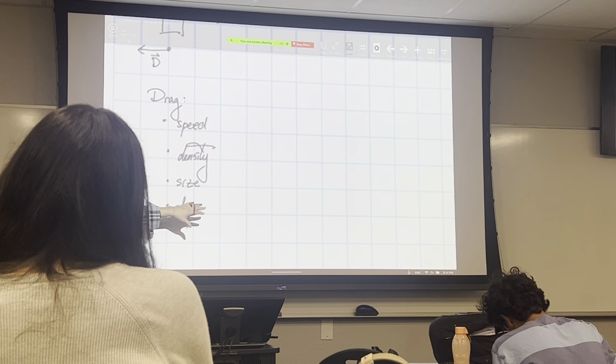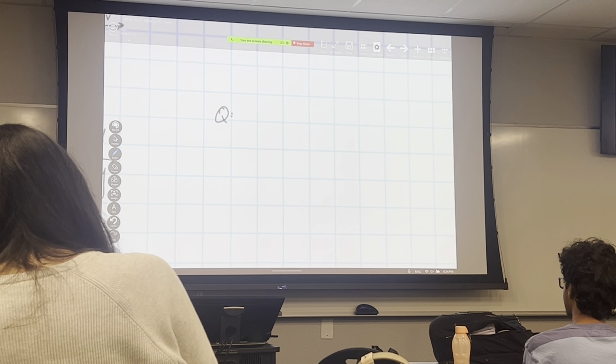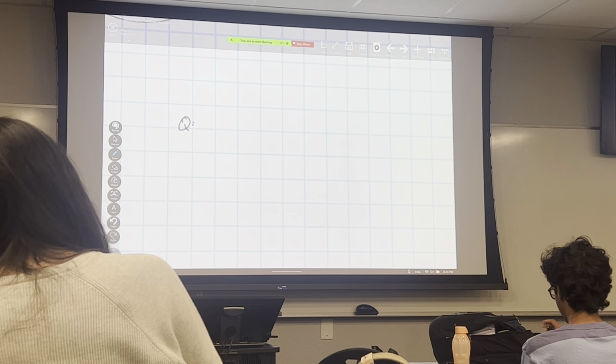But we're trying to make a model here, and we're not trying to be infinitely precise. So we just want to do it for a very specific scenario. What scenario do you care about?